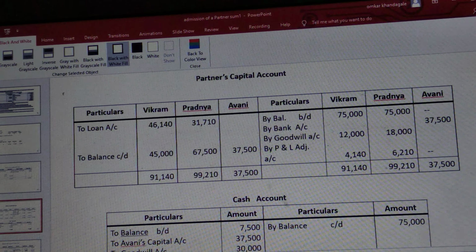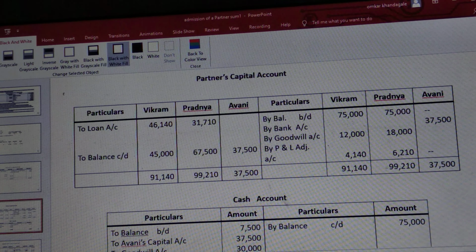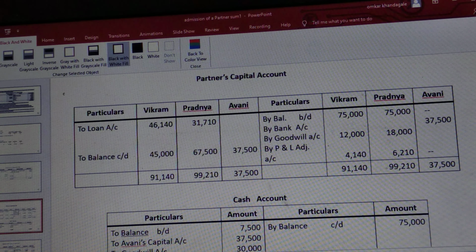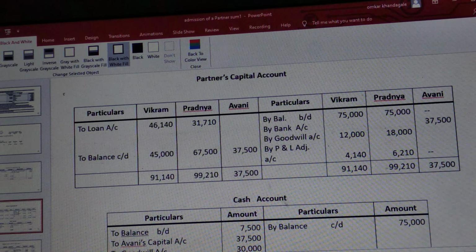Now make the credit side totals of all the 3 partners. Avni's is tallying on both sides, 37,500 on both sides. Okay. Pradnya's total of the credit side comes to 99,210 minus 67,500.